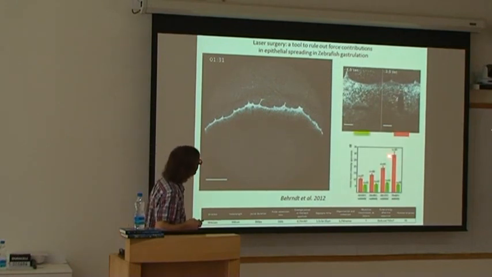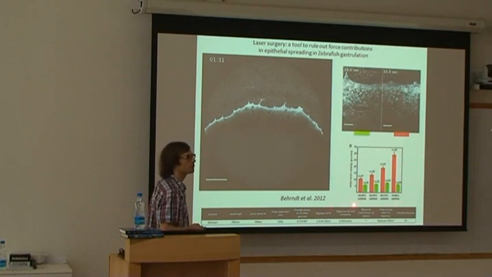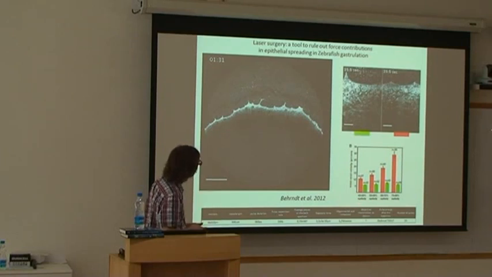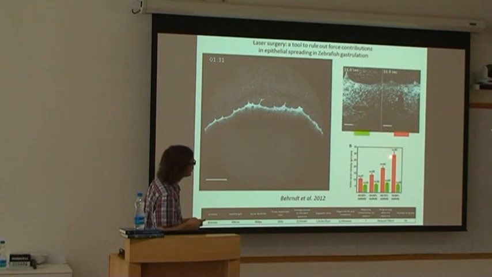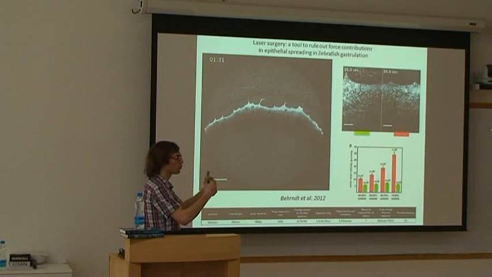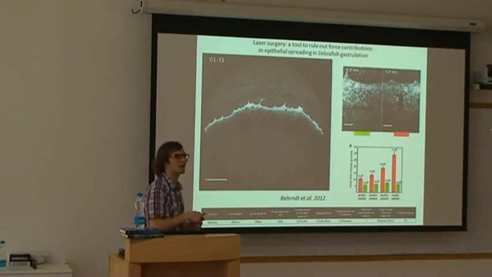The results were that at different stages of development, so at different epiboly coverage, the vertical cuts normally relax much faster, meaning there is much more tension along the ring than along the animal vegetal pole.